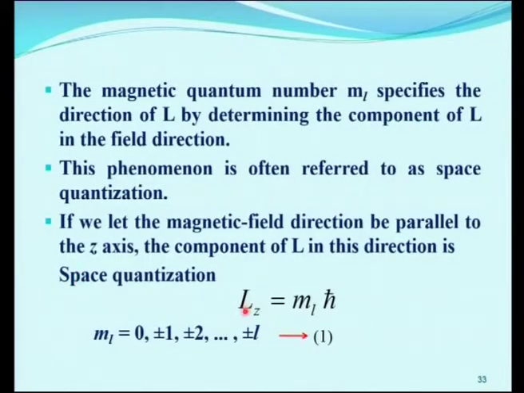If we let the magnetic field direction be parallel to the z axis, the component of L in this direction is Lz = m_L ħ. m_L is the magnetic quantum number, and its values vary from 0, ±1, ±2, etc., up to ±L, as we have seen already.